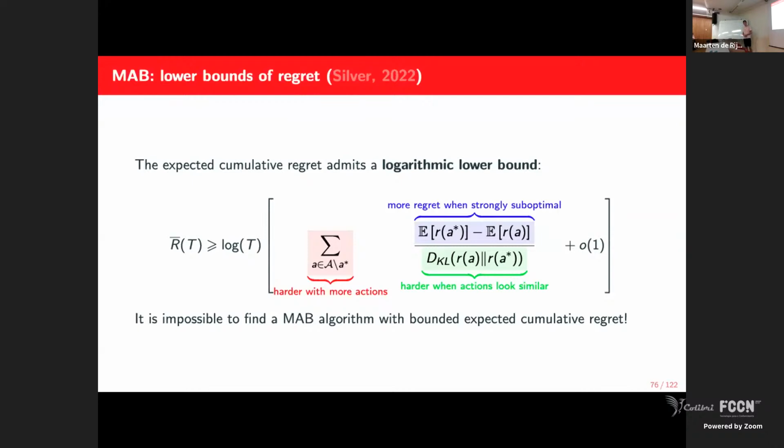And you might expect that after some time you find the optimal action. So your regret now becomes 0, and so that cumulative regret stops increasing. So you might expect that it converges. And actually, if you look at the regret as a function of t, you can see that it is at least proportional to the logarithm of t. So it does not converge. It has to go to infinity.